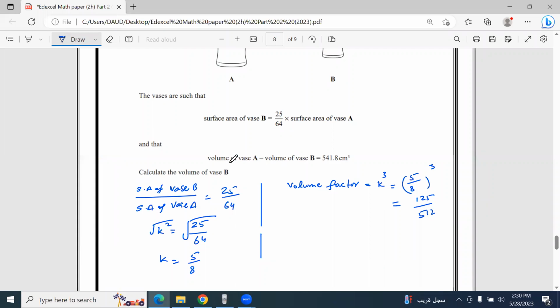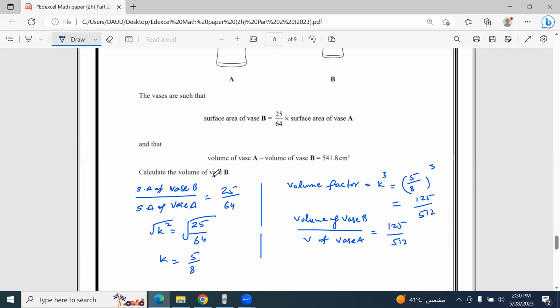So volume of vase B over volume of vase A equals 125 over 512.